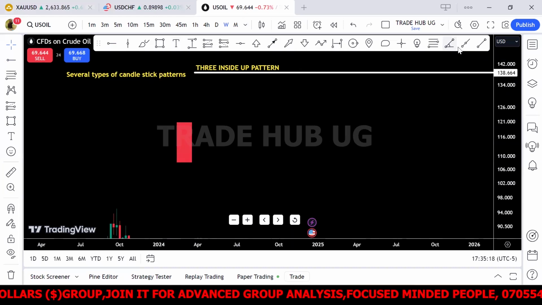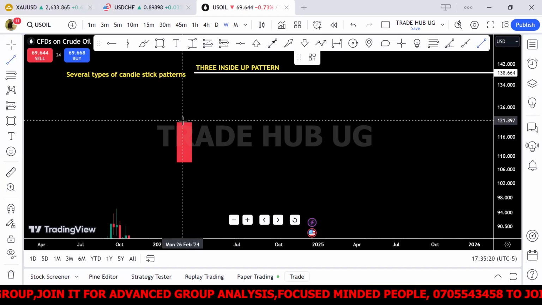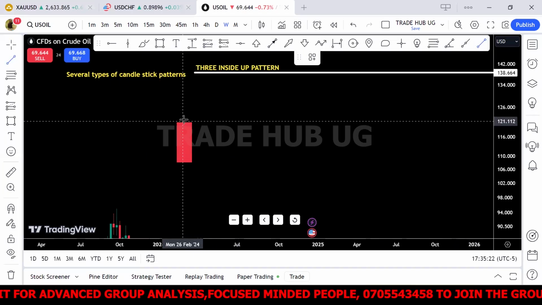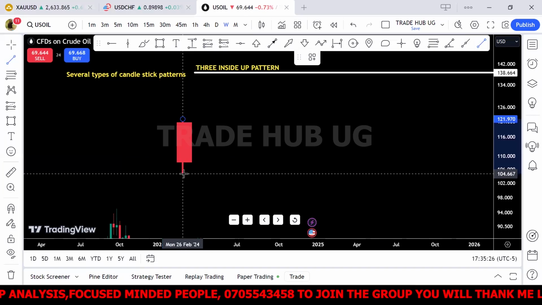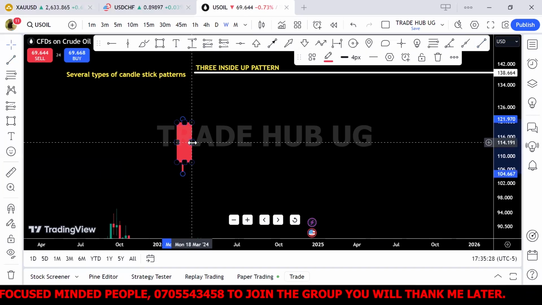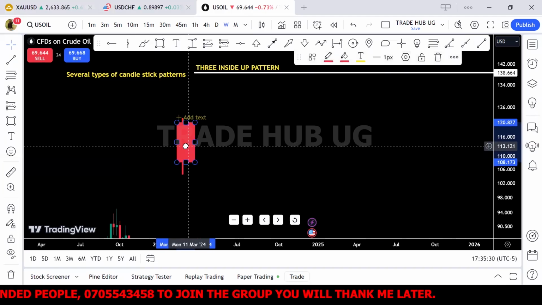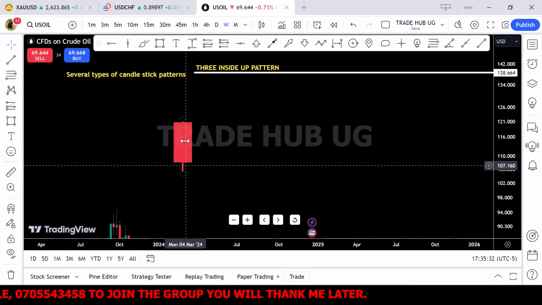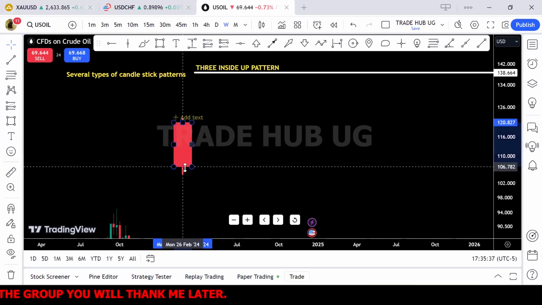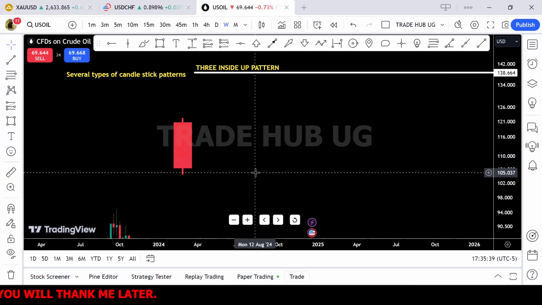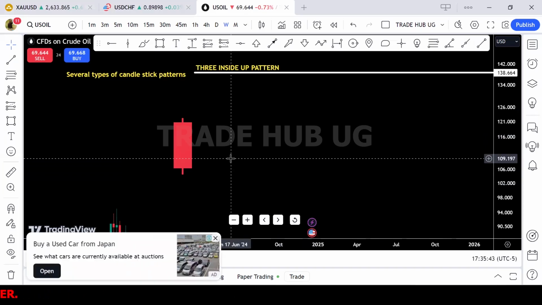All right. Let me first give you a simple illustration of how we might take it. Let's say this is a bearish candle. That's our bearish candle.